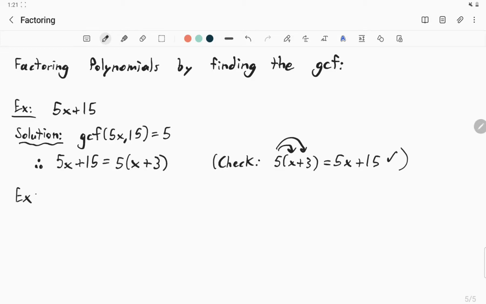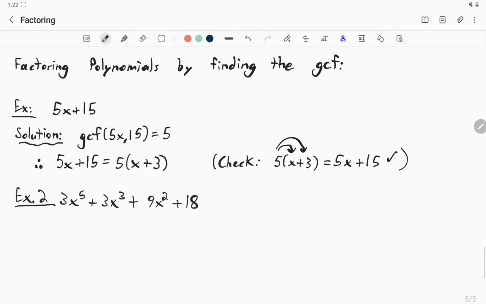Example 2. Let's just go all the way here. Let's say we have x to the power of 5, just some bigger exponent, plus 3x to the power of 5, plus 3x to the 3 plus 9x squared plus 18.